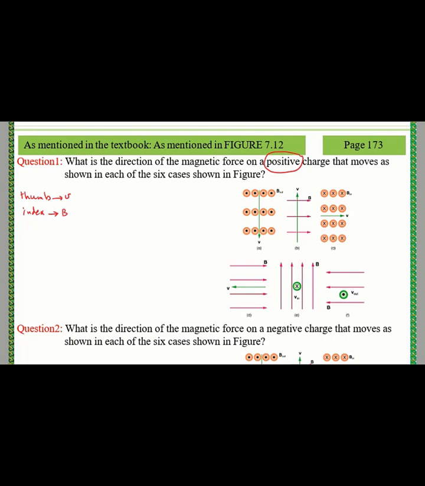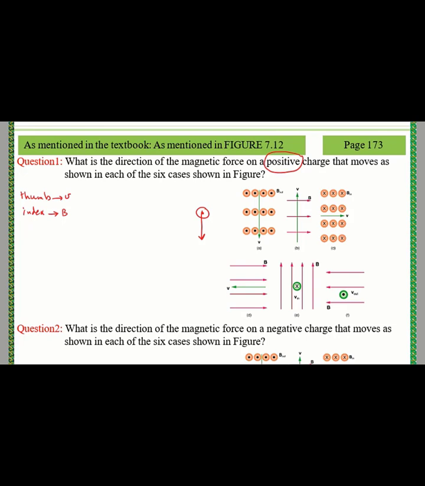Now, for part A, V is downward, so here is the direction of the thumb. The magnetic field is out of the page, so your index should point to you while your thumb is down.